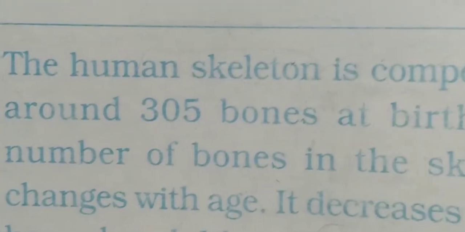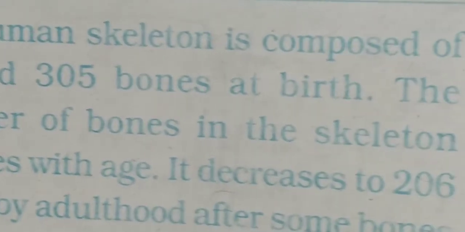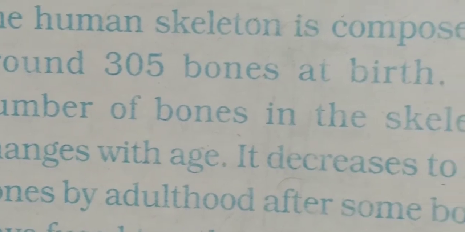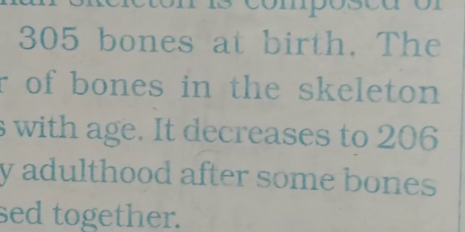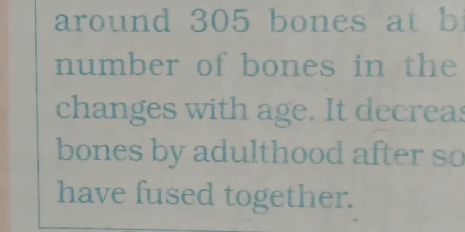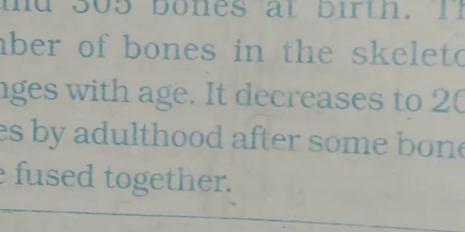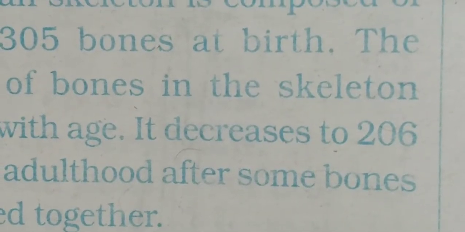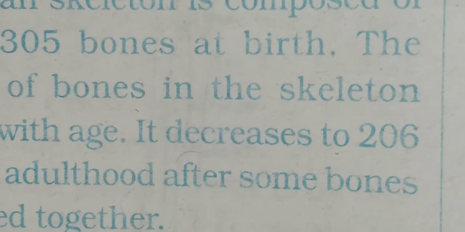Do you know the human skeleton is composed of around 305 bones at birth. Then as time passes, as you grow up, the number of bones in the skeleton changes with age. It decreases to 206. इसका मतलब क्या है कि बोन्स कम होते जाते हैं?